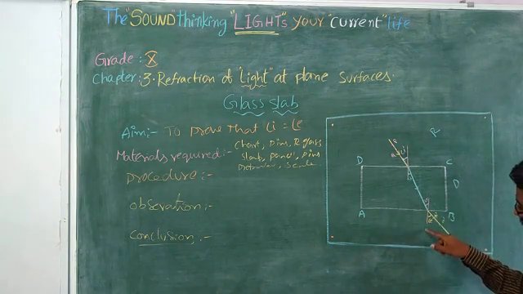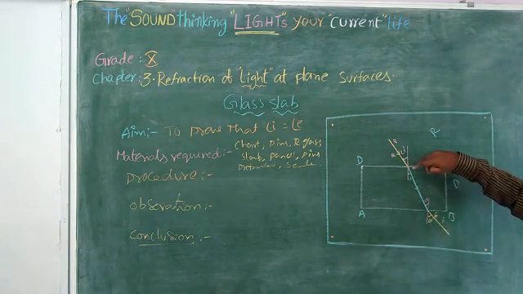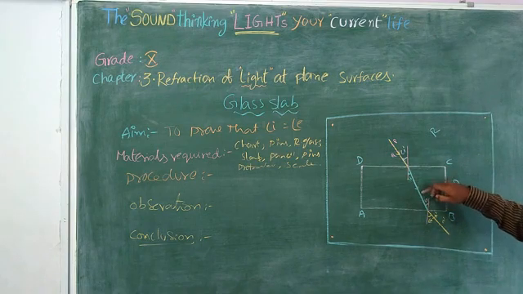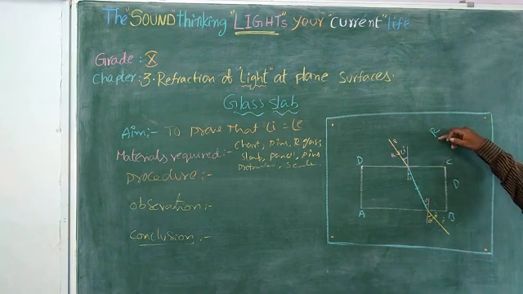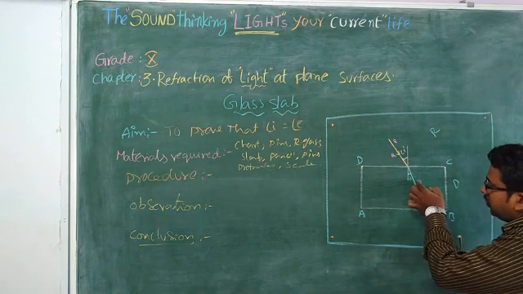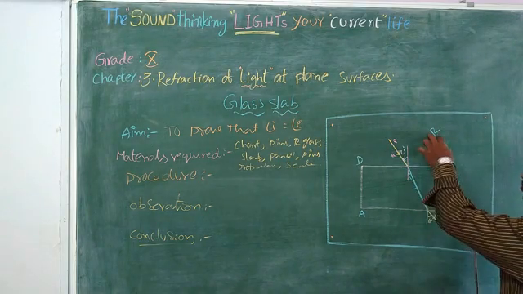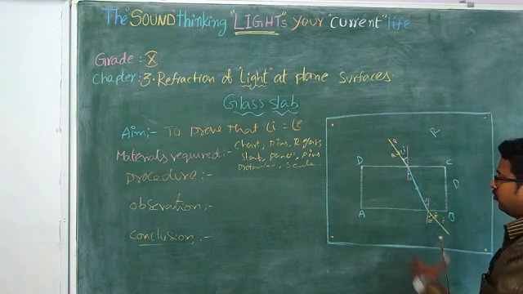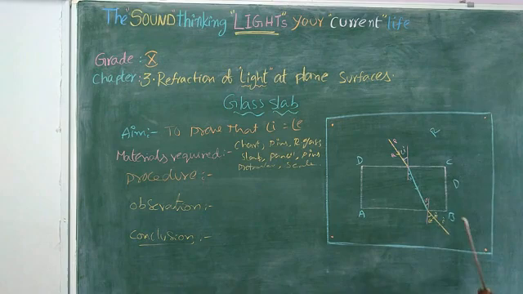From that point, construct one normal. Now when you join these two, it is considered as the refracted ray, because it is moving from rarer to denser. It is exactly moving towards the normal. Now, remove the glass slab and extend the line.